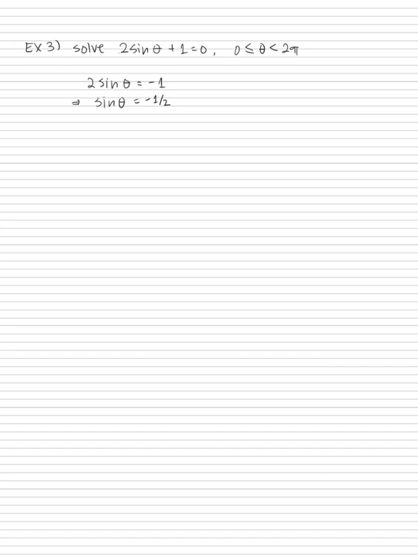Okay, now sine is negative, so let me just do the same thing as what we usually do. Sine of theta is negative in quadrant, which one is that? 3 and quadrant 4. So let's draw that out. So let me just circle it.